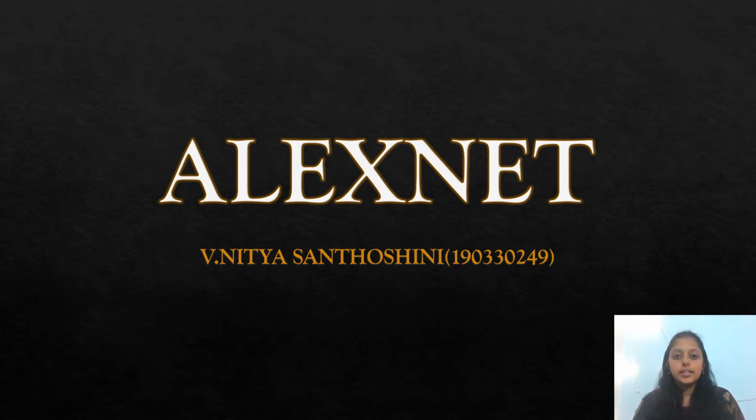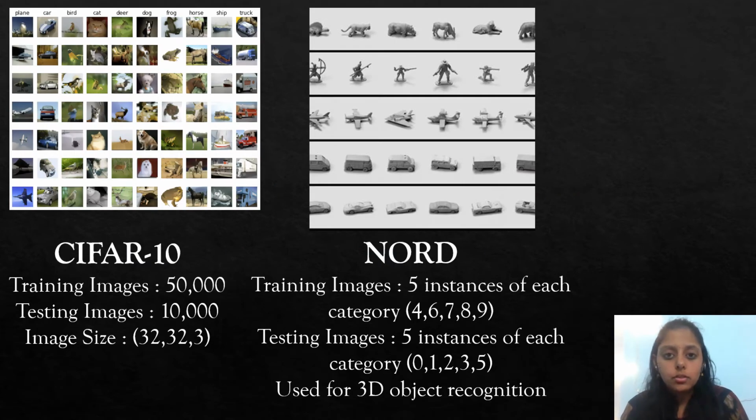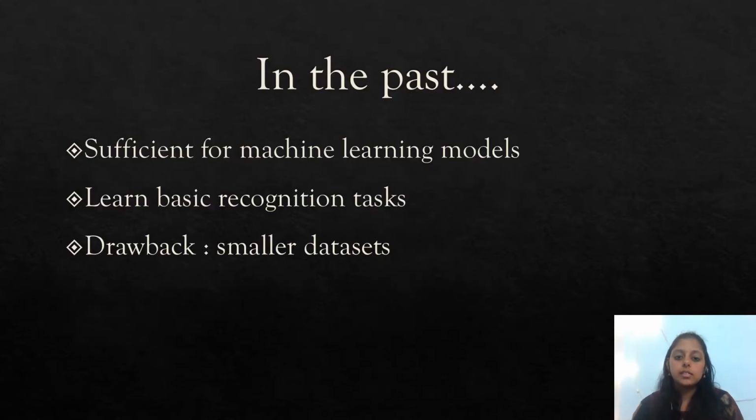CNNs. Let's get into the topic. Years ago, we used small datasets like CIFAR and NORB, consisting of thousands of images and a small number of classes. These datasets were sufficient for machine learning models to learn basic recognition tasks. But in real life, these small datasets don't work, right? As we had many more variables to be added to these small datasets.